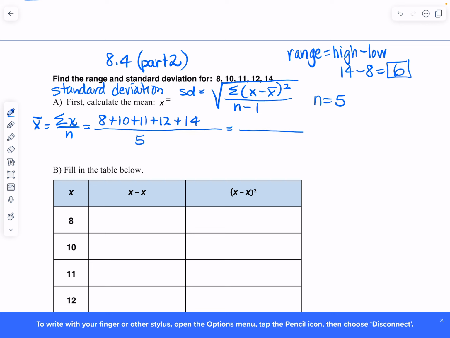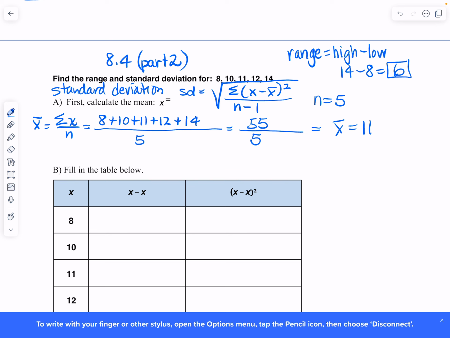Again, guys, I'm double checking to make sure my values are right, and I would highly recommend stopping after each step and making sure that you type stuff in right, because with standard deviation it is very easy to make a mistake. So when I sum the numerator, I got 55, and I'm dividing that by 5. So x bar equals 11. Okay, now I have the mean.